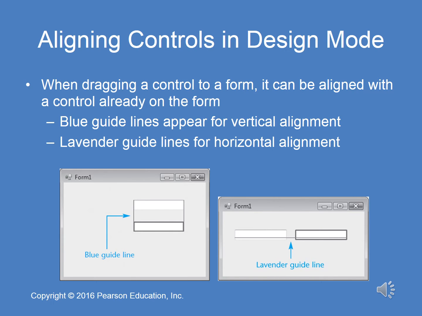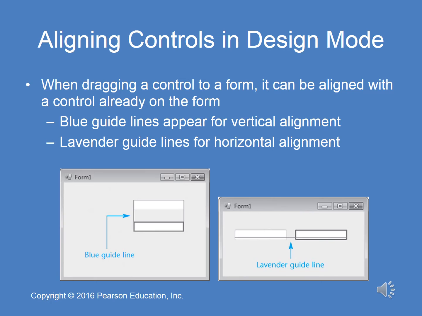You'll notice when you're working in design view and you drag a control either initially to a form or when you're moving it, subtle alignment lines come up, and you'll see blue guidelines for vertical alignment so that you can easily align it with adjacent controls, and then lavender.